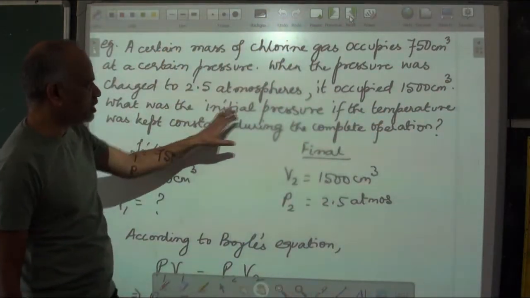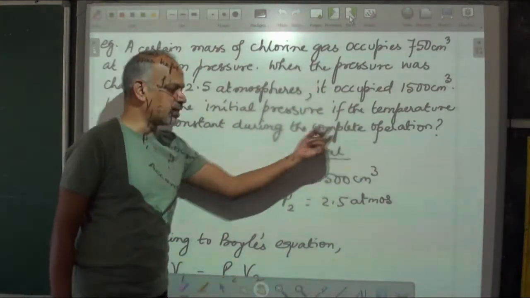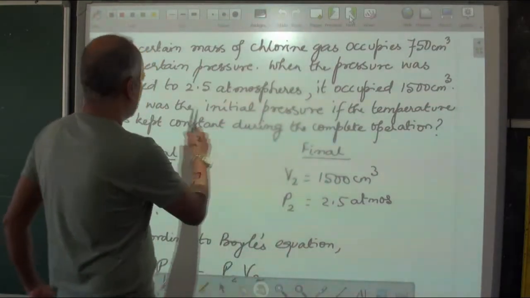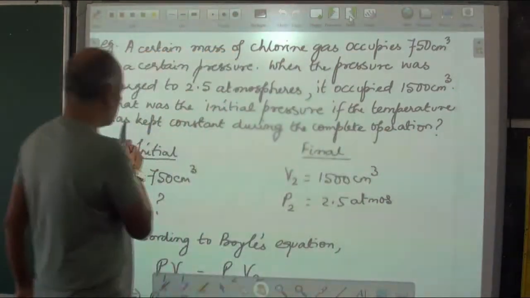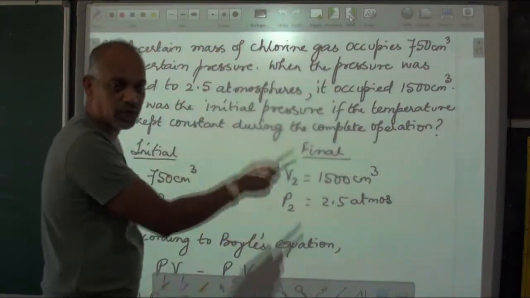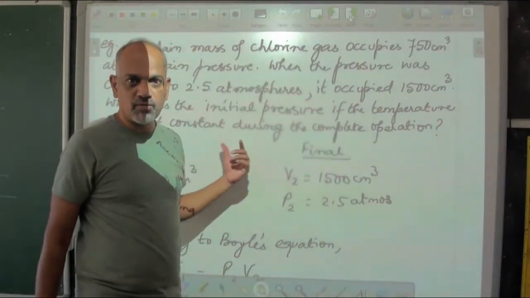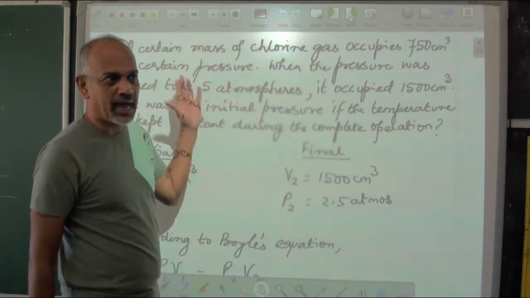What was the initial pressure if the temperature was kept constant during the complete operation? If you read the last part, it says, what was the initial pressure if the temperature was kept constant? Temperature is going to be kept constant. So in Boyle's law, temperature always remains constant. It's only dependent on pressure and volume.